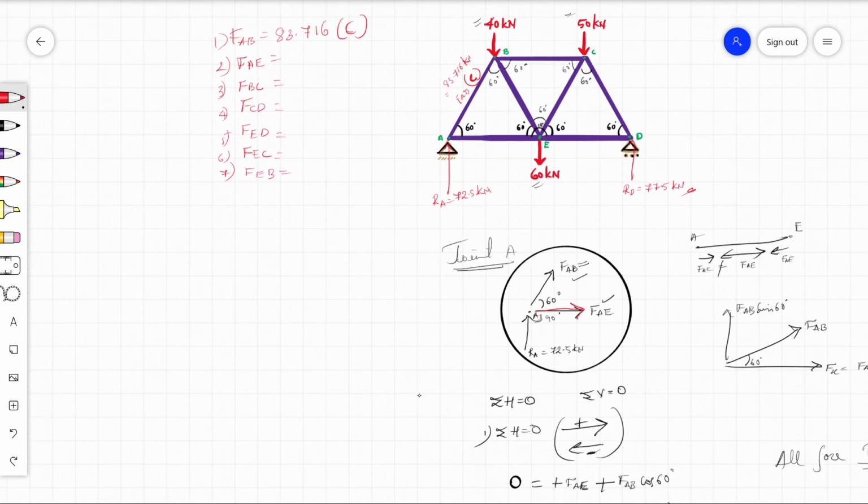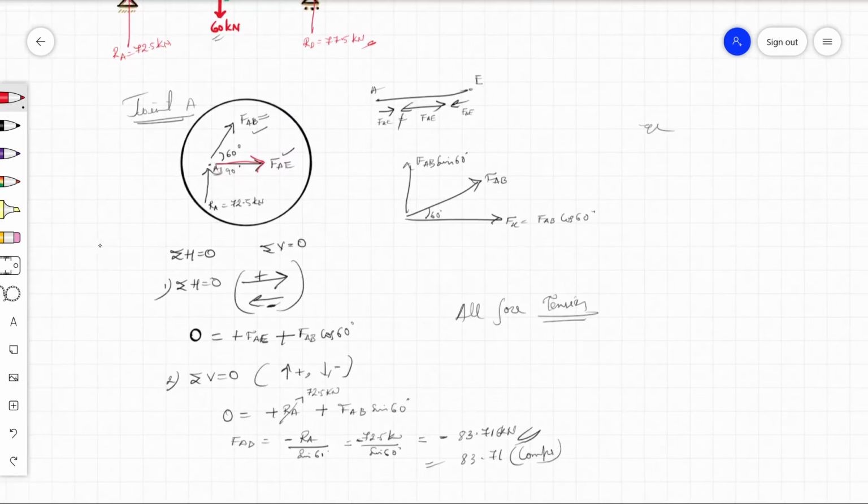Our next step: we got to know the value of FAB, and we apply that in this formula.